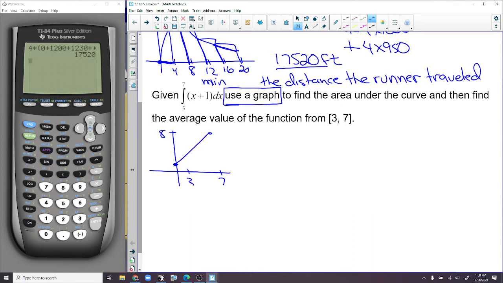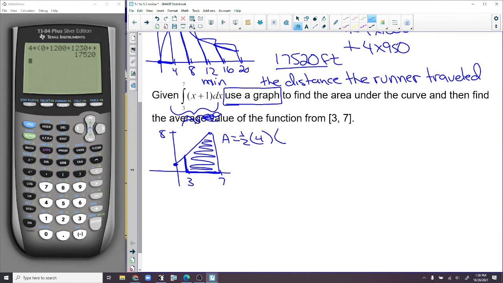But we're starting at 3. I notice we're integrating from 3 to 7, not 0 to 7. So 3 to 7. And this integral means area under the curve. That means area. So we need the area of this trapezoid. So the area of the trapezoid is 1/2. The base is actually going this way. 3 to 7 is 4.